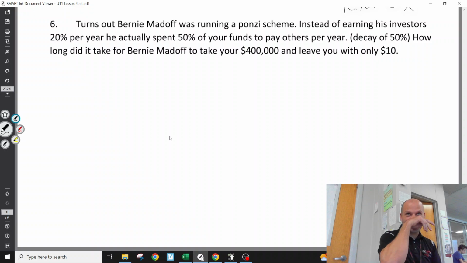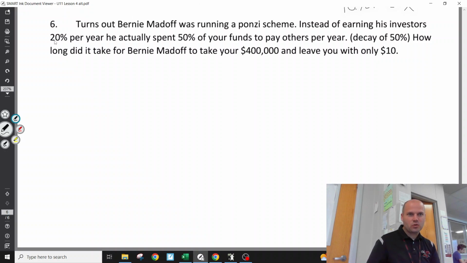In your lesson, there was a question about Bernie Madoff, who promised you 20% per year in returns. A lot of people invested in Bernie Madoff's investment scheme, thinking that they were rich and gonna get more rich, and that their money was safe. Turns out, Bernie Madoff was running a Ponzi scheme.